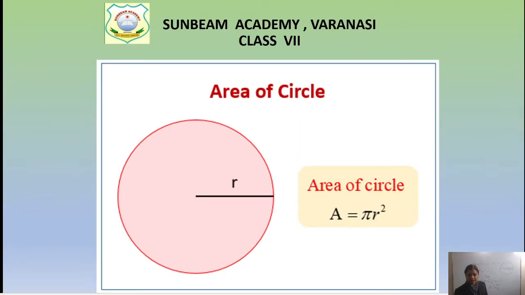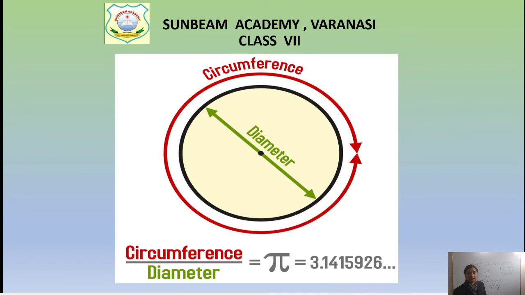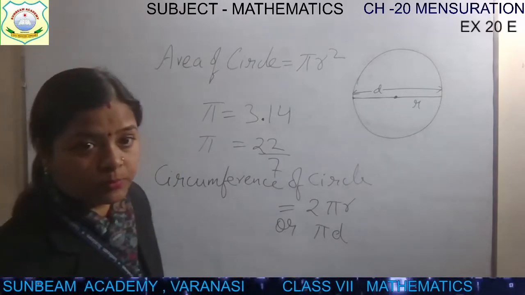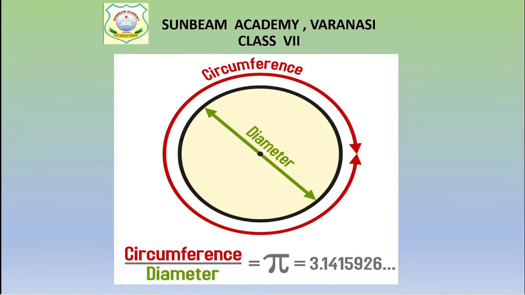This we have done. This is the area of a circle, pi r square. Now the next one is the value of pi, children. This is very important. If you take any circle, whether small or big, let me erase this board, meanwhile you just see this.